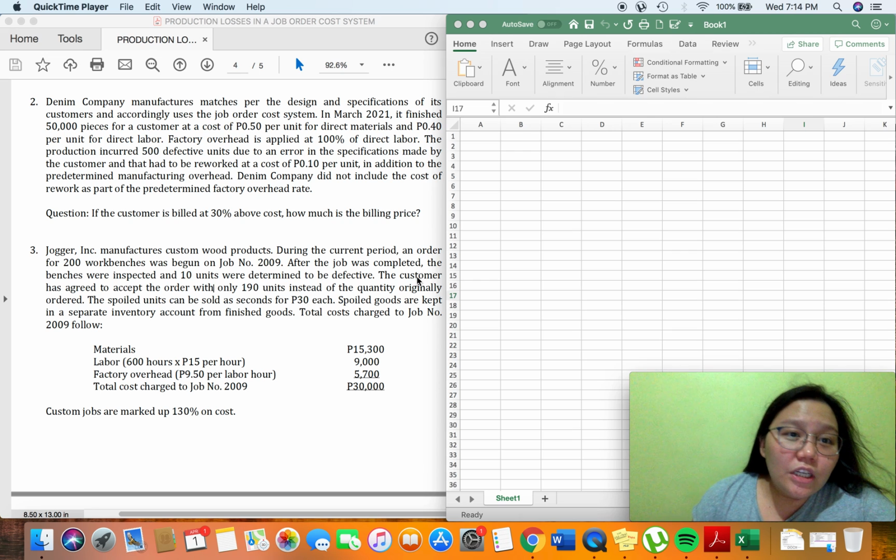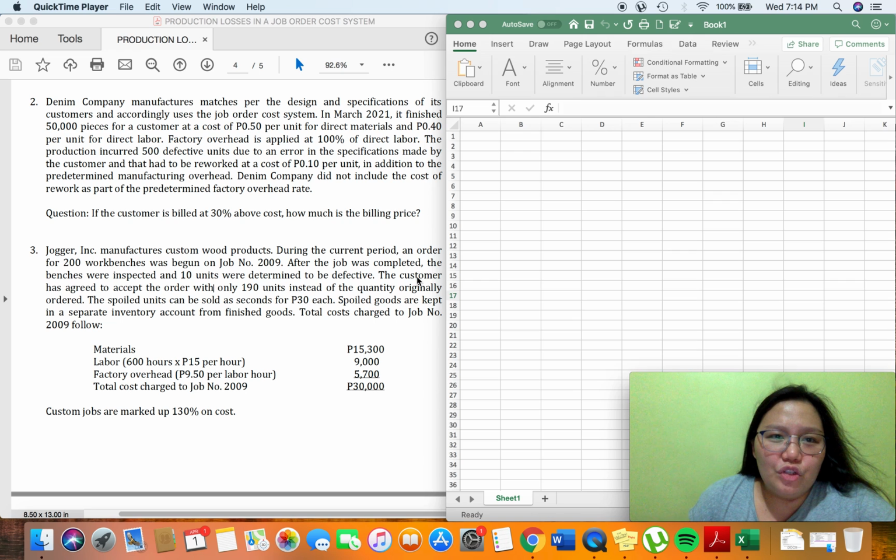The production incurred 500 defective units due to an error in the specifications made by the customer, and that had to be reworked at a cost of 0.1 per unit, in addition to the predetermined manufacturing overhead. Denim Company did not include the cost of rework as part of the predetermined overhead rate. The question: if the customer is billed at 30% above cost, how much is the billing price?